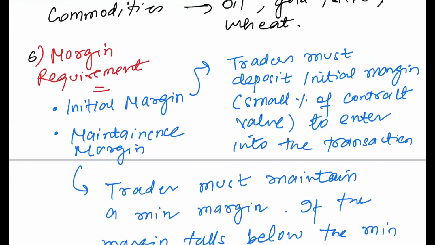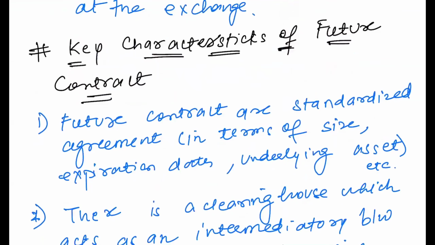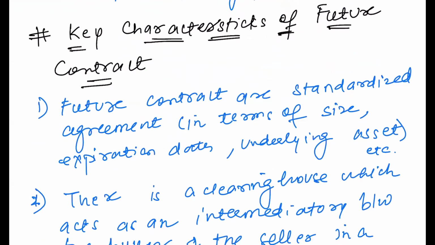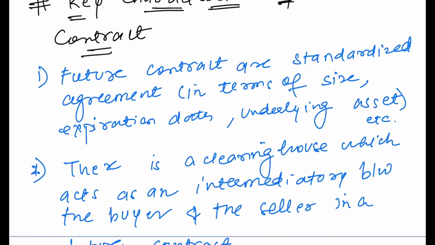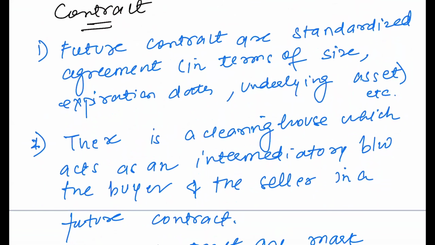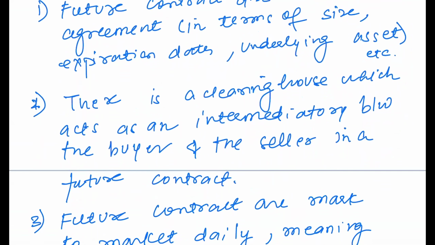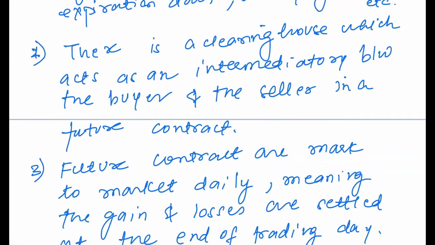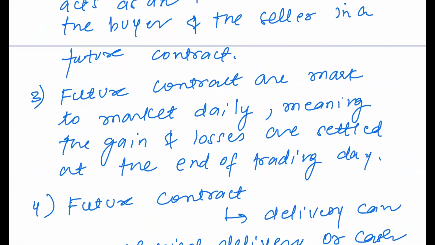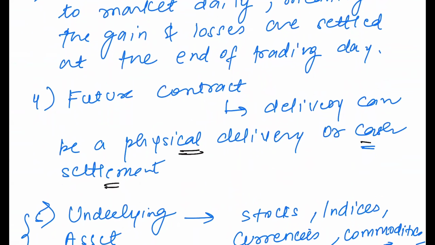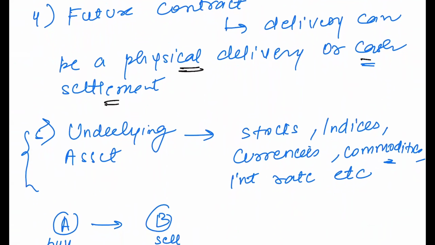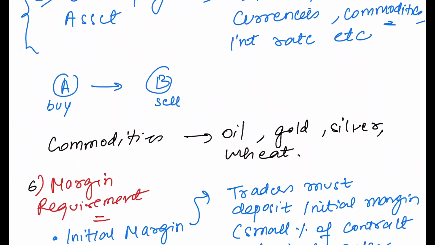So that was all the characteristics of a future contract. Let's summarize the key characteristics. First, it's a standardized agreement, and second, it's traded at the exchange, so we have a clearing house between the parties. Third, futures are marked to market. Then in a future contract you'll have delivery of whatever your underlying is, sometimes a physical delivery and sometimes a cash settlement.